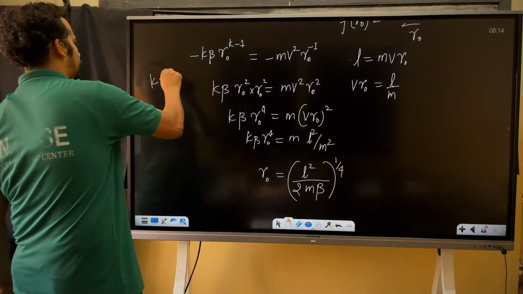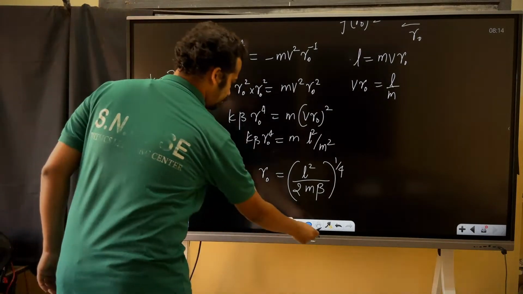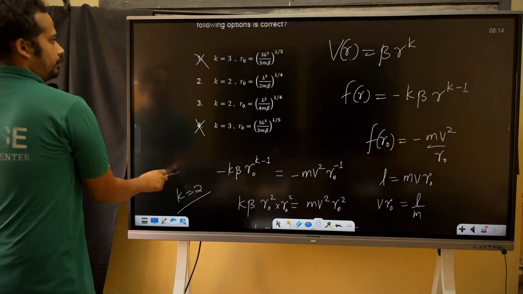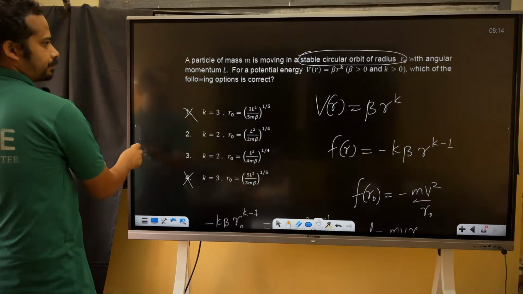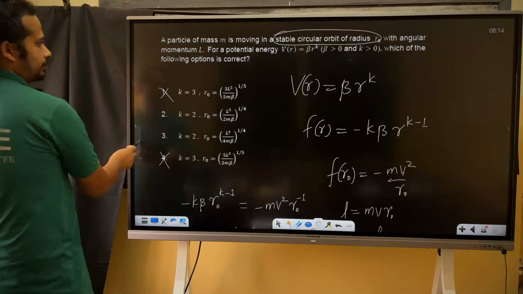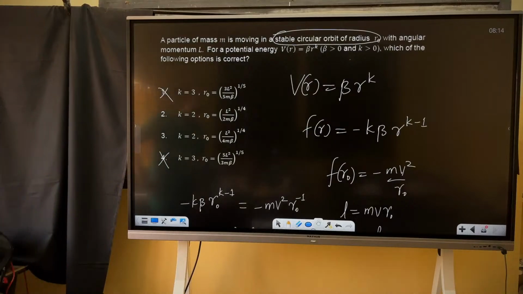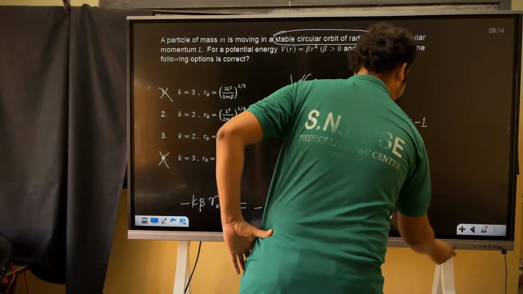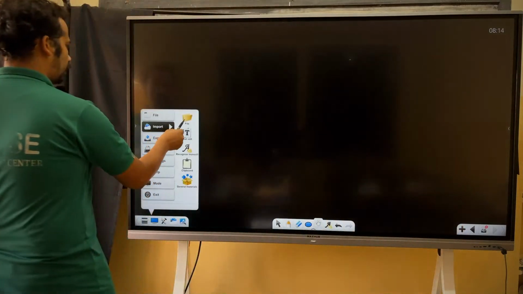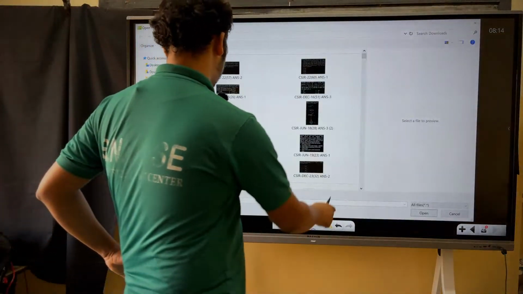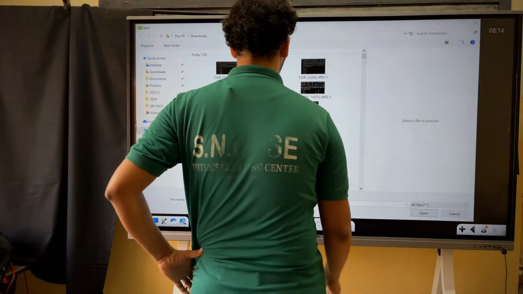K equal to 2. I think only one more problem exists.